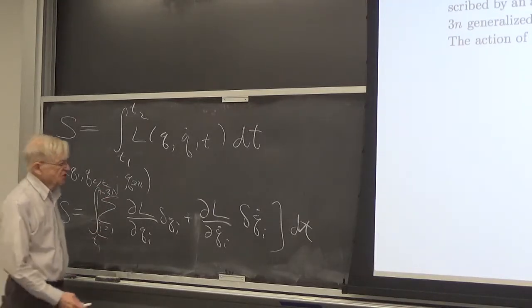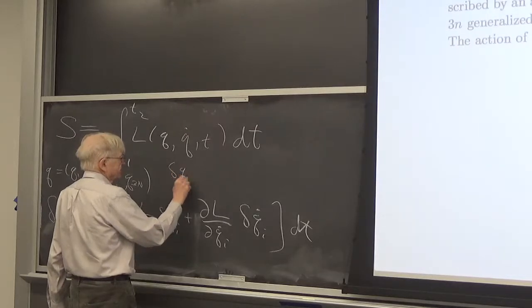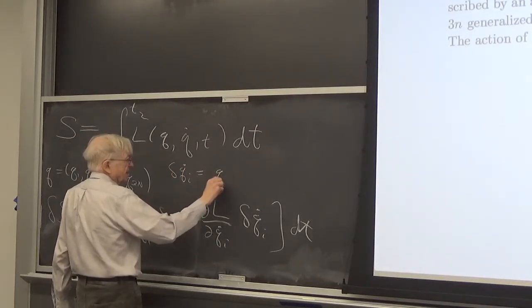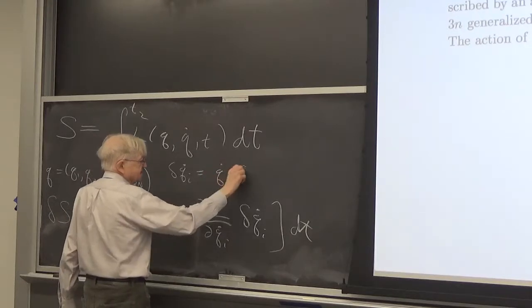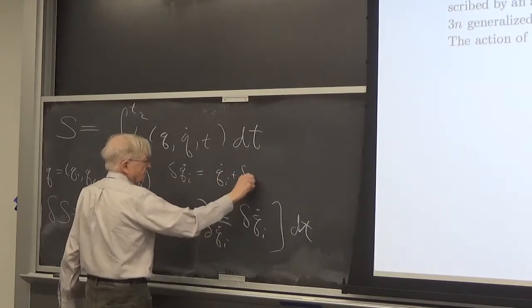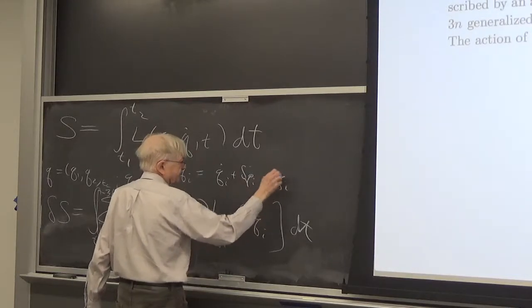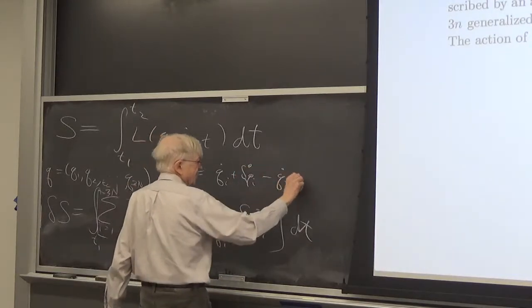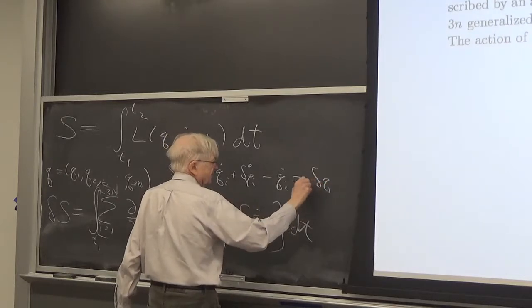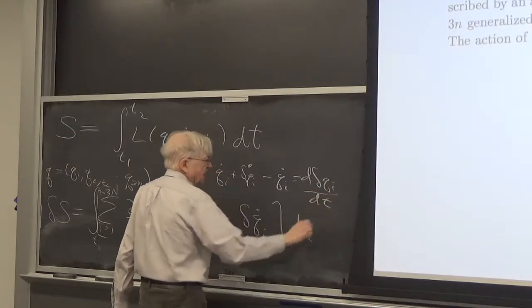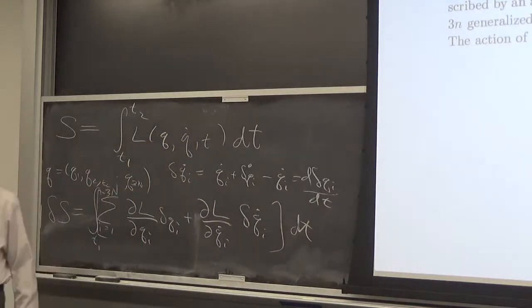The change in Qi dot is Qi dot plus delta Qi dot minus Qi dot, and so it is just the time derivative of the change in Qi.